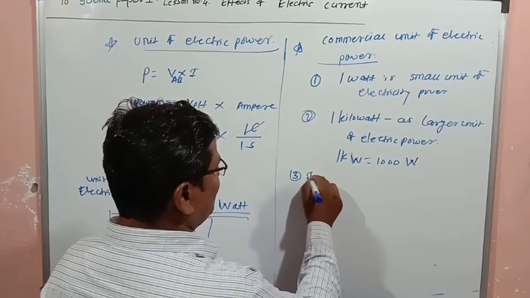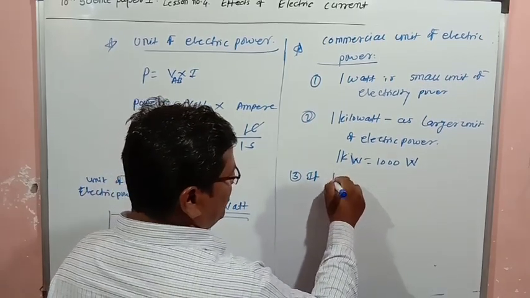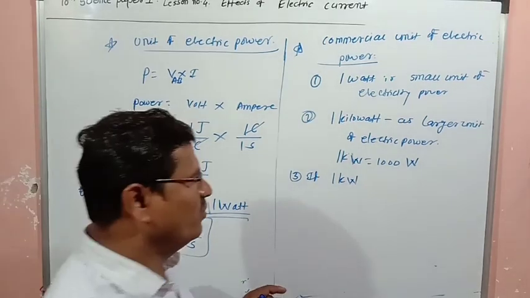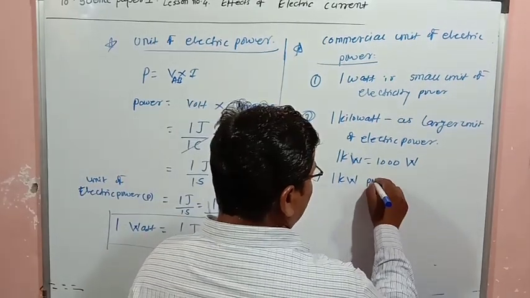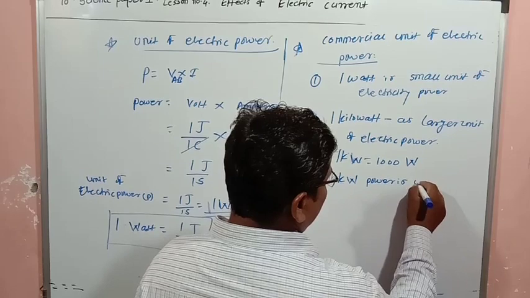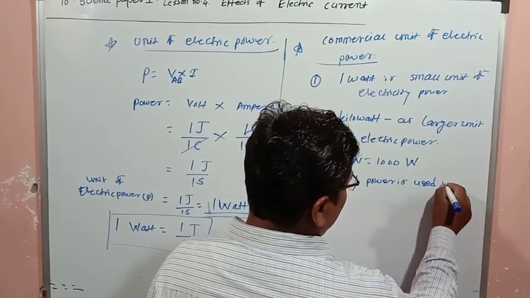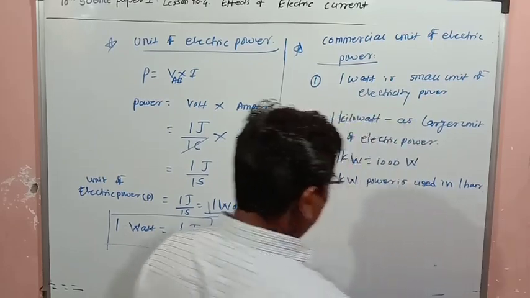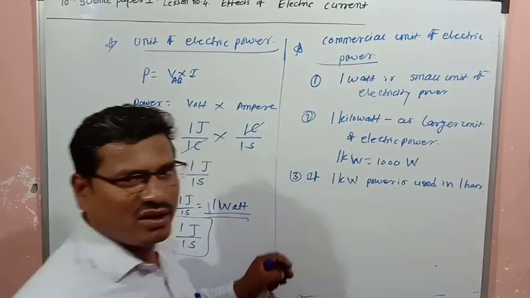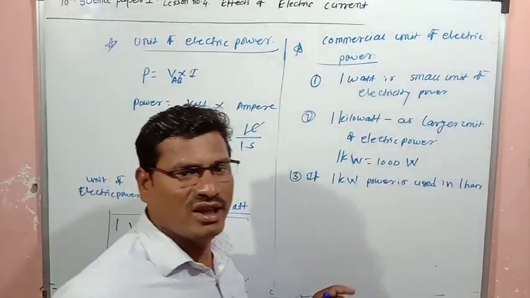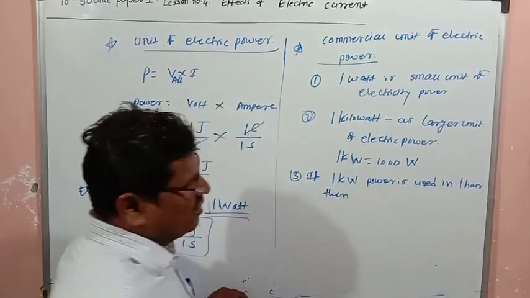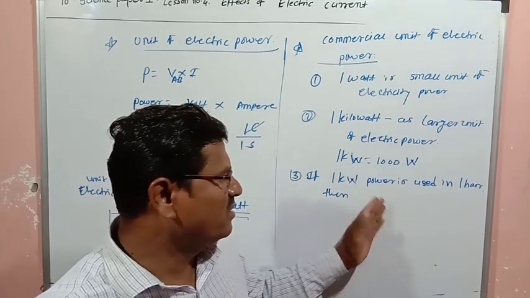Suppose 1 kilowatt power is used in 1 hour. If it is used in 1 hour, then 1 kilowatt hour of energy is used.